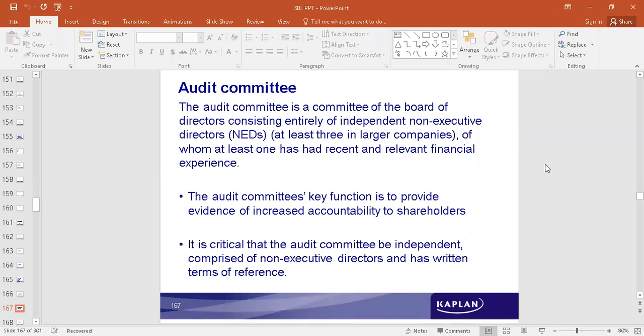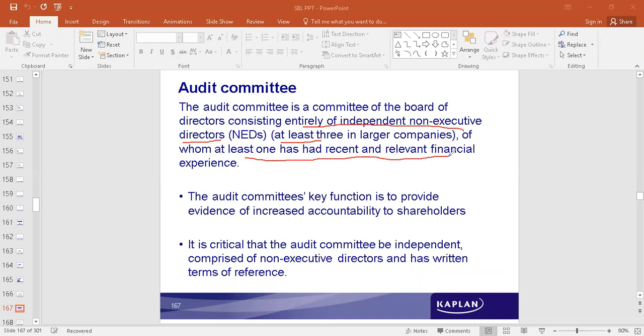The audit committee is a committee of the board of directors consisting entirely of independent non-executive directors. In a large company, at least three should be there, of whom at least one has had recent and relevant financial experience.